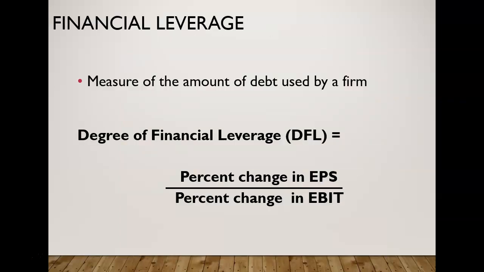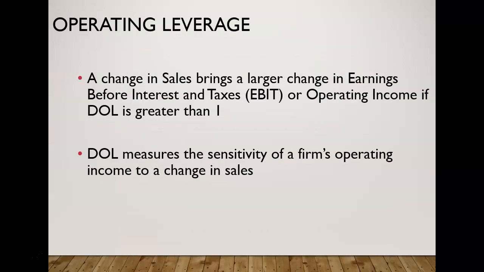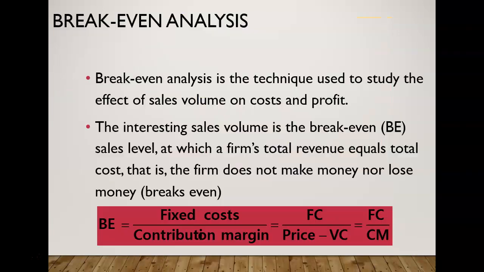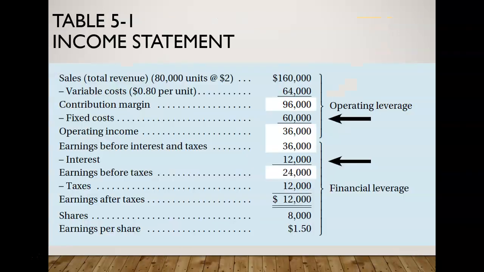So let's talk about financial leverage. We have been talking about operating leverage so far, so let's look a little bit at financial leverage. It measures the amount of debt used by a firm. As we said, it's a debt equity mix. The degree of financial leverage is the percentage change in earnings per share. Remember, we said earlier that financial leverage is concerned with earnings before interest and taxes all the way down to earnings per share.